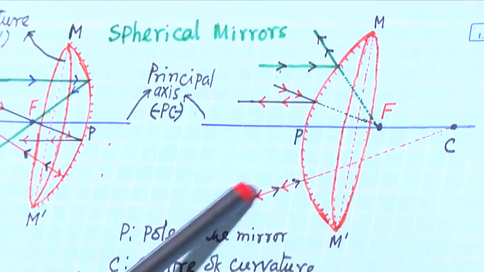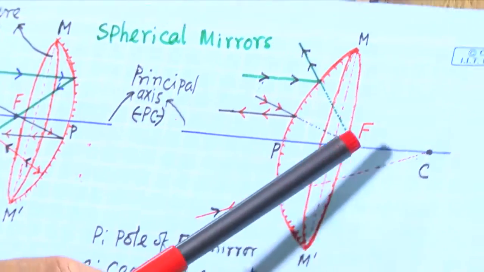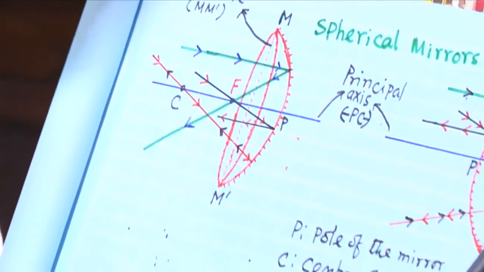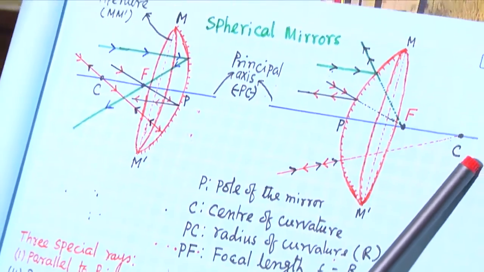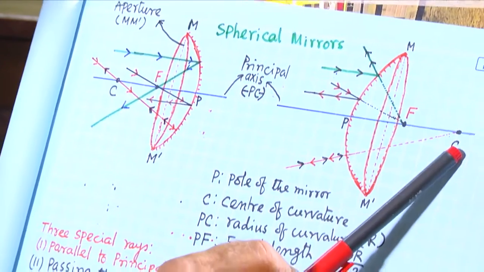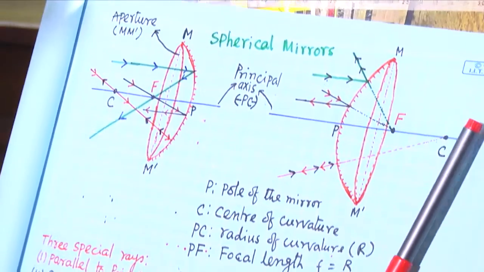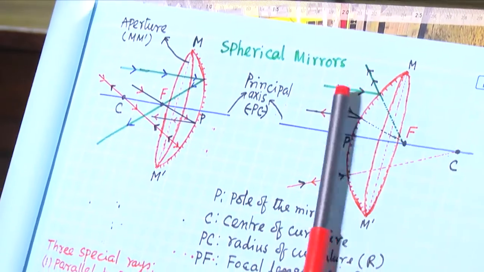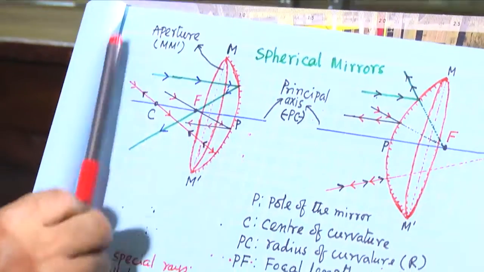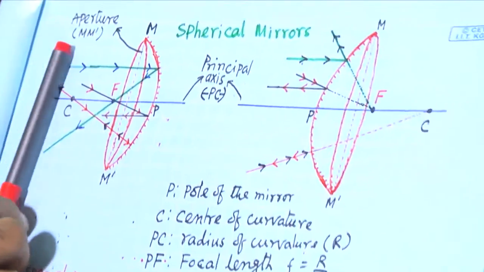So this is the extended one here also, the same way. So in this case, the focal point and the center of curvature are on the other side of the mirror, the back side of the mirror, whereas for the concave mirror it is on the front side of the mirror, right.